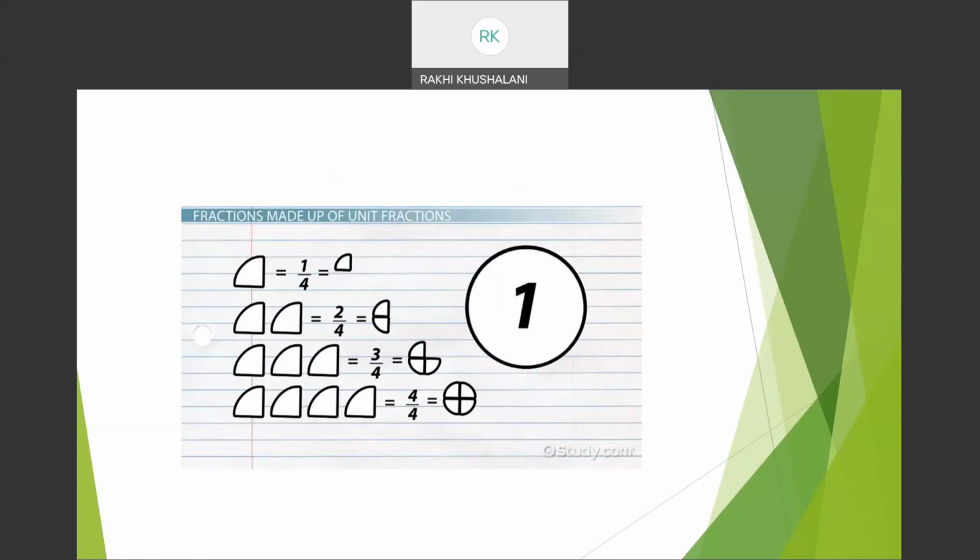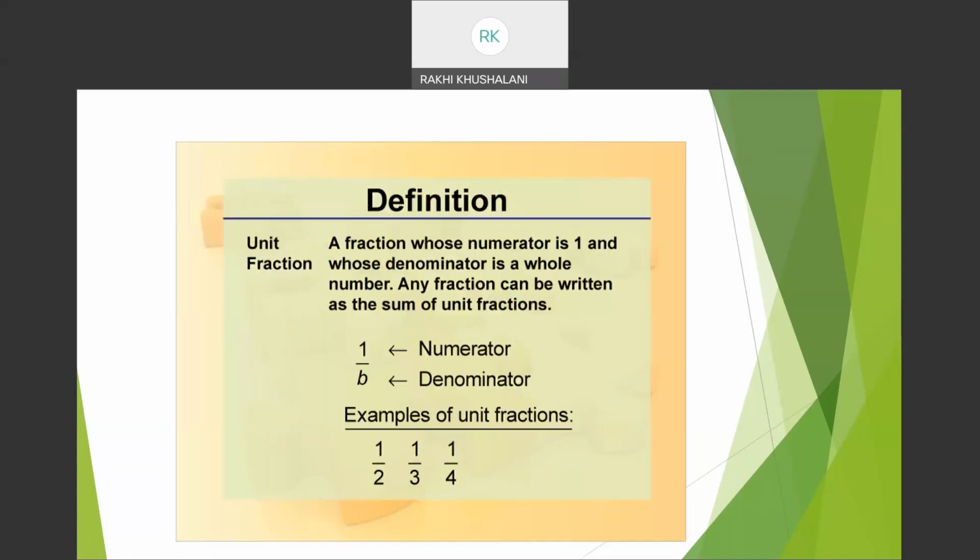Now, let's go back. Fractions are made up of unit fractions. Let me take you back to my definition here. A fraction whose numerator is 1 and whose denominator is a whole number.